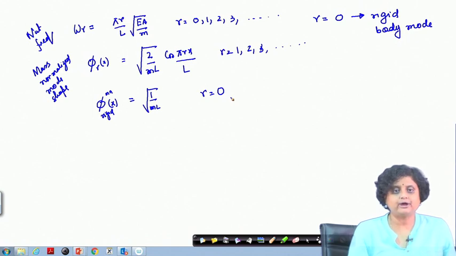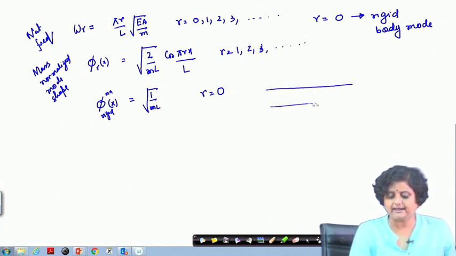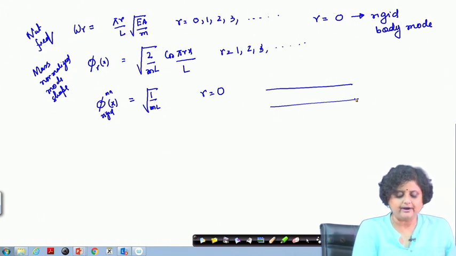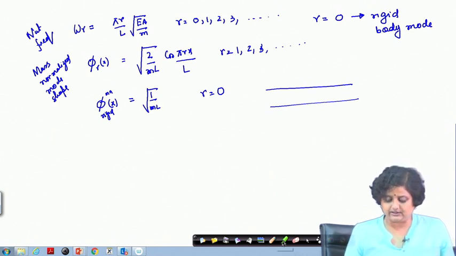So, the mode shape will not have a deformed shape, but it will have a fixed, constant shape. Therefore, I see that the mode shape corresponding to the rigid body is constant and does not have any variation in x.